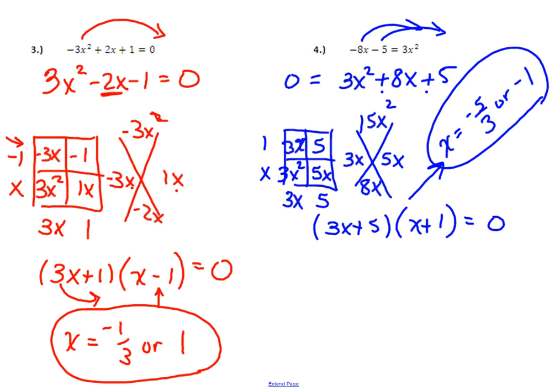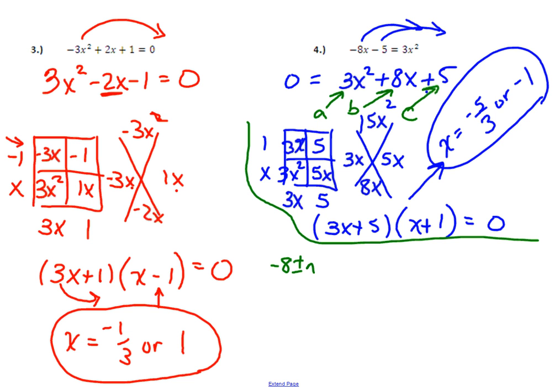Now I'll see if I can squeeze in, with another color here, the quadratic formula. It's already rewritten, so I'll just say a is 3, b is 8, and c is 5. So the opposite of b, plus or minus the square root of b squared minus 4 times a times c, all over 2 times 3, 2 times a.